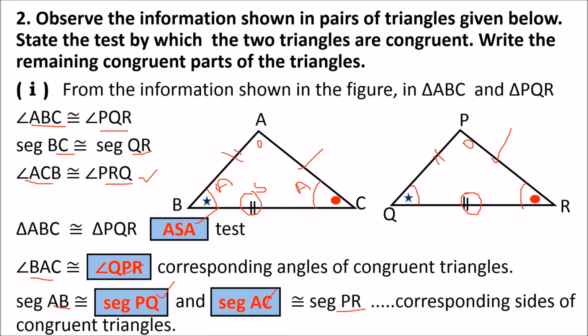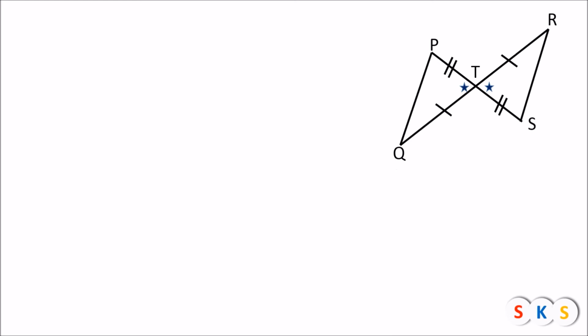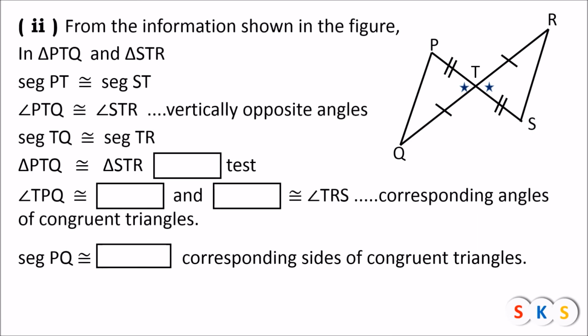Here we have question number 2 from the information shown in the figure. In triangle PTQ and in triangle STR, side PT is congruent to side ST. You can see that side PT and side ST have the same kind of mark, so these two sides are congruent to each other, it's given.